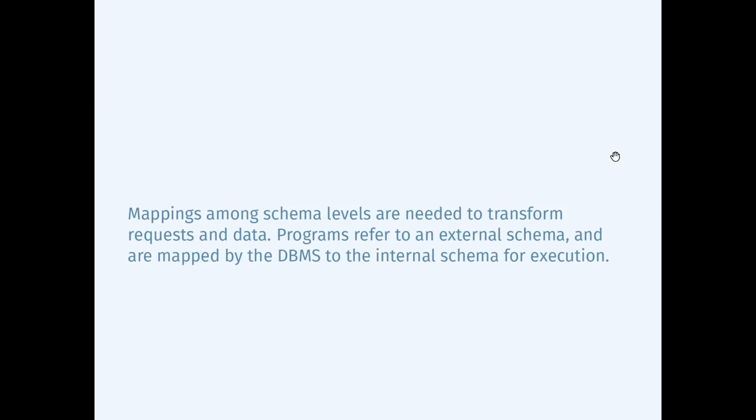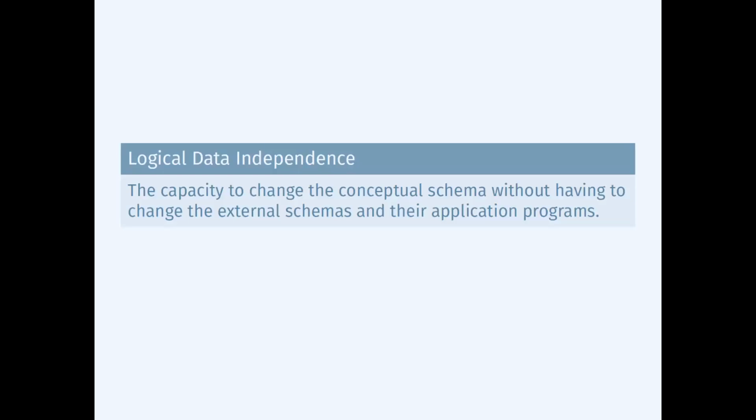So now, since we talk about different levels, we need to discuss database independence, or in short, data independence. When we talk about data independence, there are two types we discuss. The first one is known as logical data independence. Logical means that you can actually change the conceptual schema without affecting the external schemas.